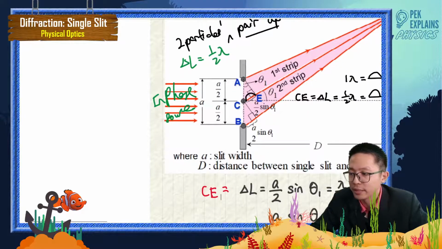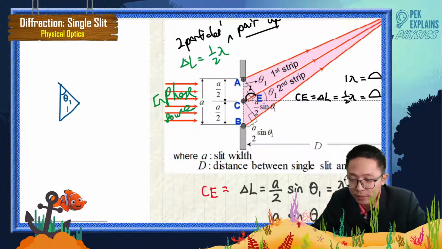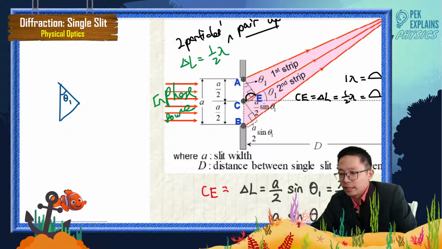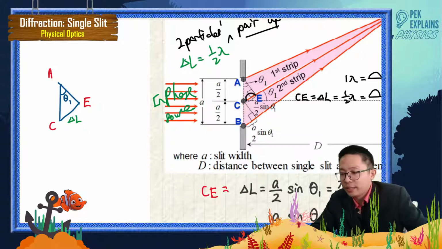So for the small triangle here, this is the theta, isn't it? Theta 1 is over here. This is the ACE triangle, and this part is the delta L. Between C and E, this is the delta L. And what is AC? AC is a over 2.